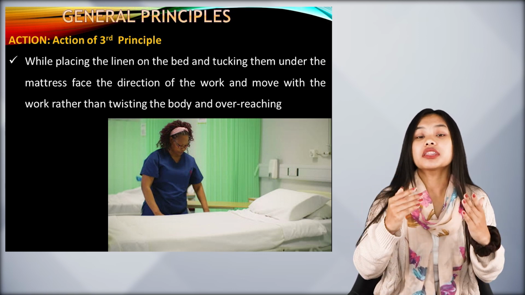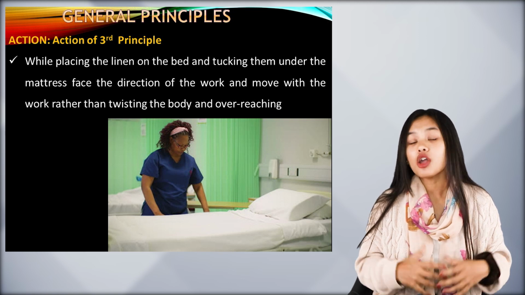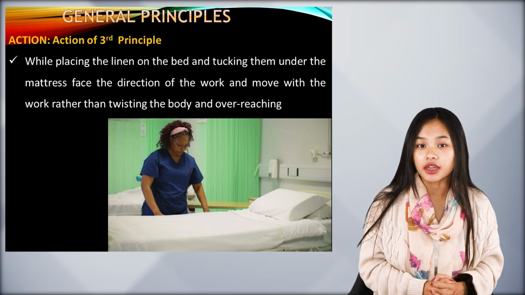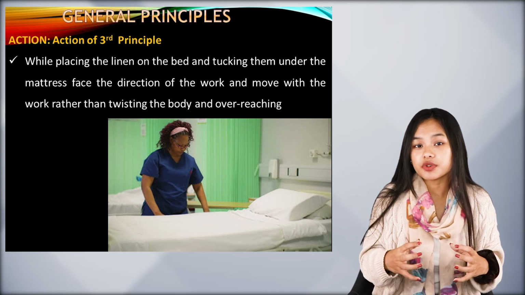So the first, second and third principles must always be kept in mind when you are performing bed making. Whereas the fourth principle is applied after bed making has been performed, as well as before we perform bed making again. As we know, bed making is performed each and every day. So after you have performed all those three principles, for the next bed making, you will assemble all the articles and arrange them conveniently before bed making is performed again.